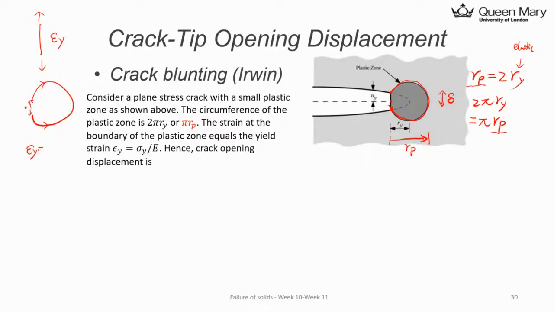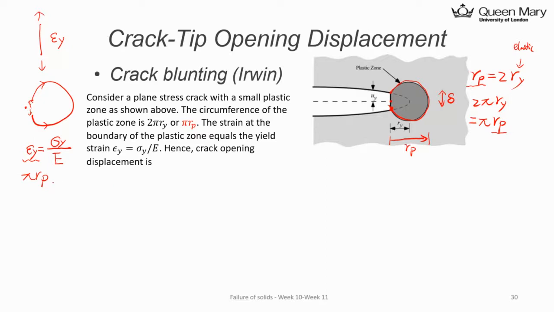Epsilon y is equal to the stress, and because we know the maximum stress it can reach is the yield stress, it is sigma y over E. Or here, if you haven't reached the yield point, then this is just the elastic stress, sigma y. Okay? So you know the strain and you know the original length, which we calculated as the circumference, pi rp.